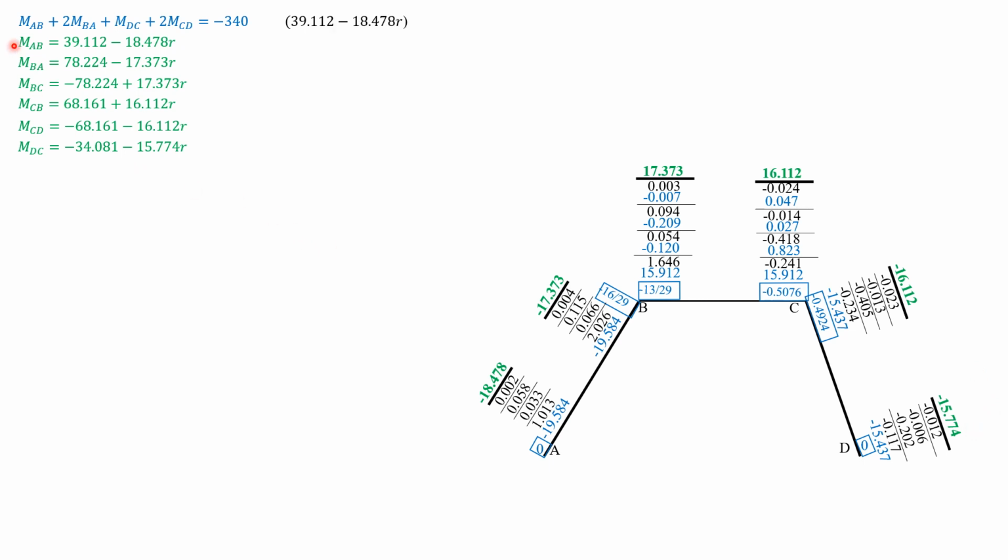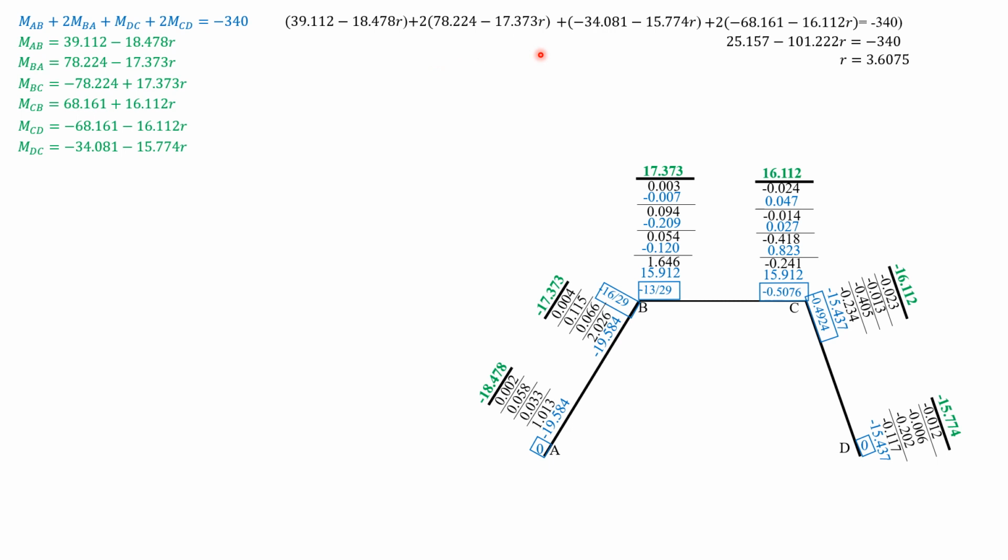So that's it. Then we substitute the values of AB, BA, DC, CD here. This is the working equation from the preceding slides to solve for R by statics. So 39.112 minus 18.478 R plus 2 times quantity 78.224 minus 17.373 R plus MDC, negative 34.081 minus 15.774 R, plus 2 times quantity negative 68.161 minus 16.112 R equals negative 340.